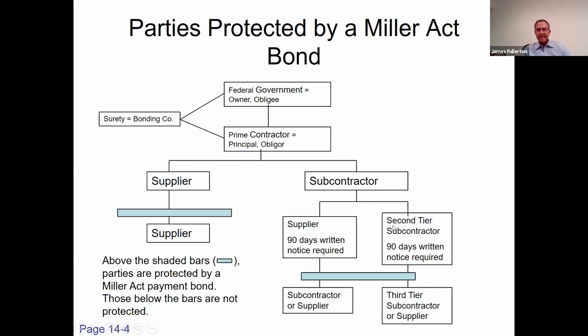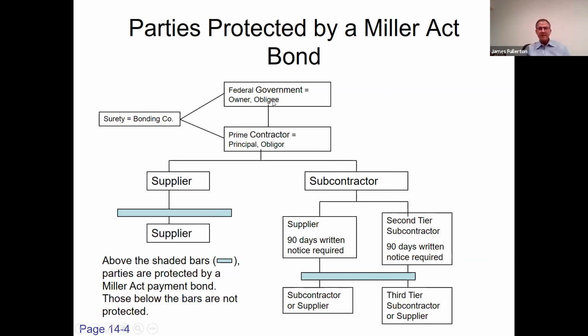A second tier sub. This blue bar is the breakoff point. Everybody below this blue bar is not protected by the payment bond. The federal government requires the payment bond. They're the owner, also referred to as the obligee, which are confusing words, but words you will hear sometimes in connection with bonding.